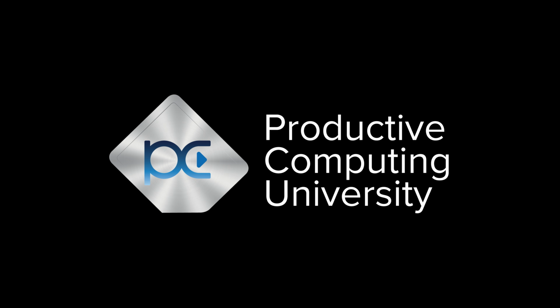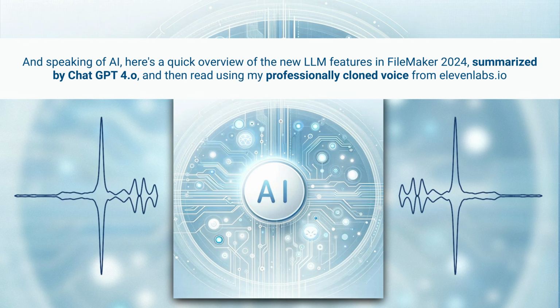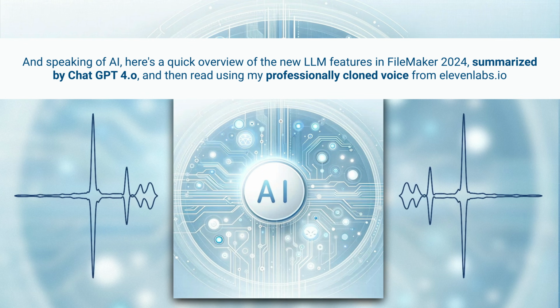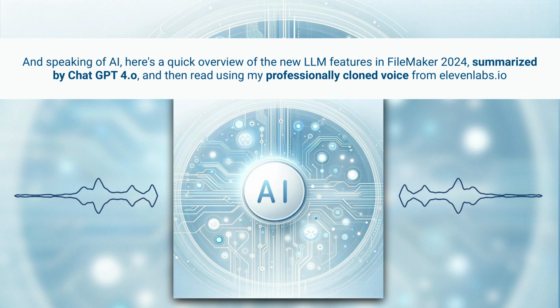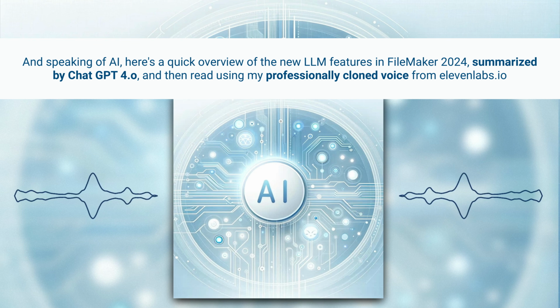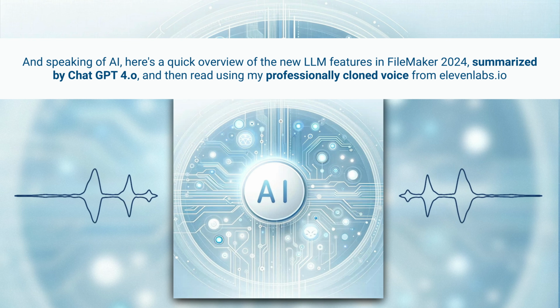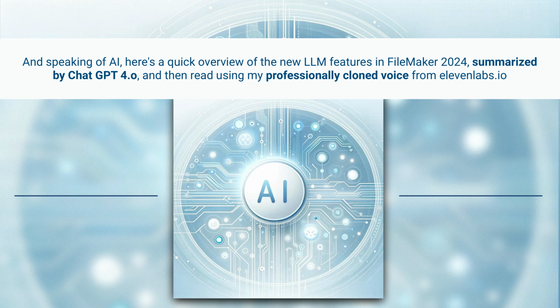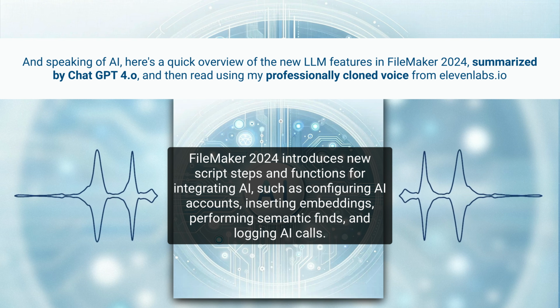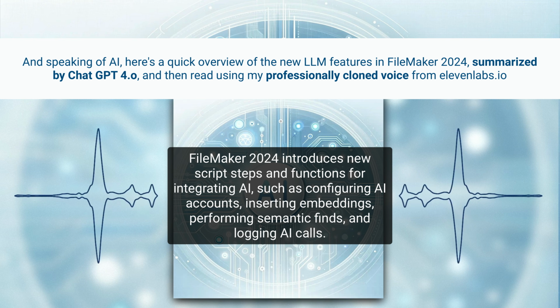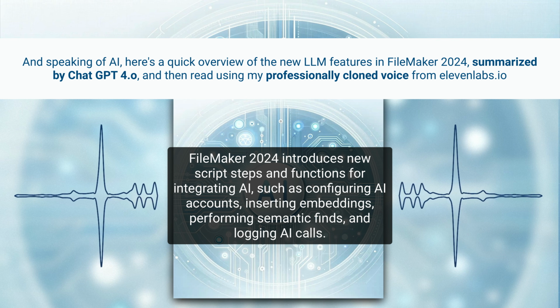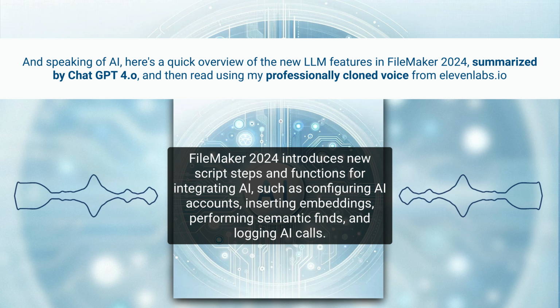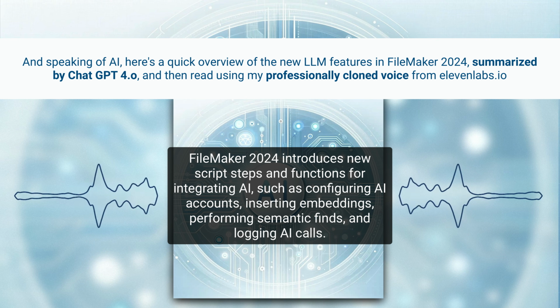And speaking of AI, here's a quick overview of the new LLM features in FileMaker 2024, summarized by ChatGPT 4o, and then read using my professionally cloned voice from 11 Labs IO. FileMaker 2024 introduces new script steps and functions for integrating AI, such as configuring AI accounts, inserting embeddings, performing semantic finds, and logging AI calls.